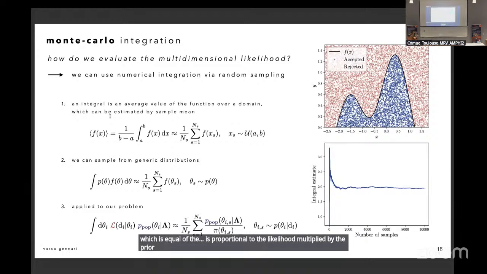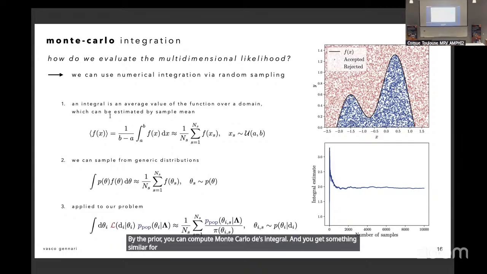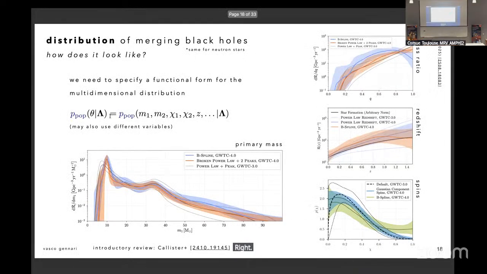Therefore, if you divide by the prior, you can compute this integral with Monte Carlo. And you get something similar for the selection effects integral, if you have samples distributed as the detection probability distribution.